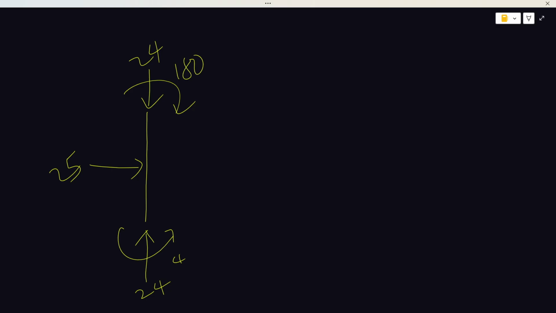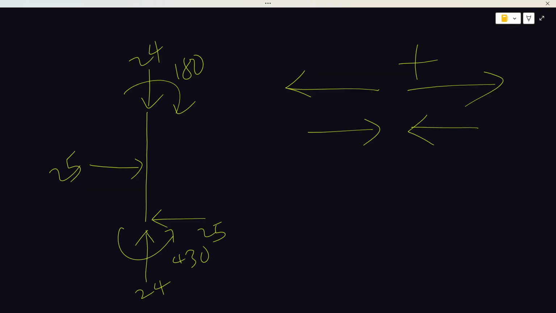For axial force, the convention is that anything that tries to pull your beam apart is positive, and anything that tries to cause compression is negative.